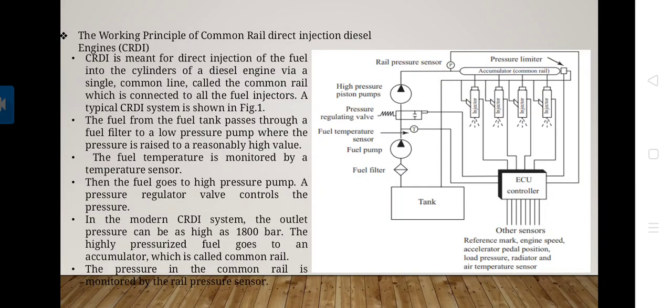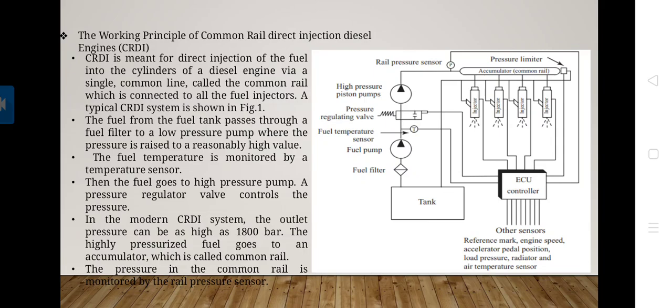First we start from the working principle of common rail direct injection diesel engine. As we know, conventional SI and CI engines use gasoline and diesel as fuel. The problem with diesel fuel is that diesel particles are larger and heavier than gasoline, therefore it is comparatively more difficult to atomize.